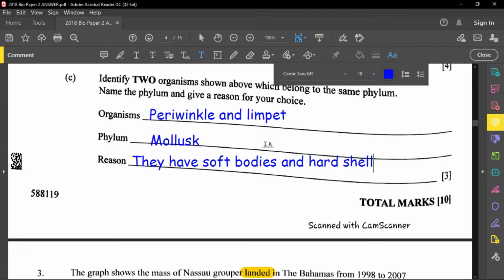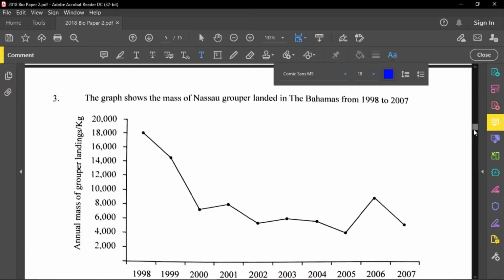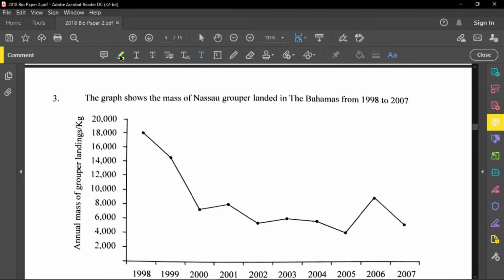All right, so here I'm going to move on to the other question. Question number 3 said the graph shows the mass of Nassau grouper landed in the Bahamas from 1998 to 2007. Now, let me just point out something real quick right here. What this word landed means, okay?